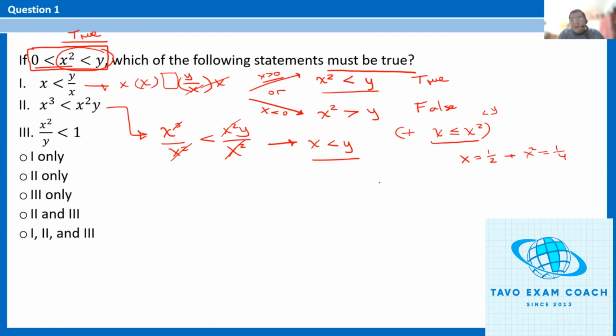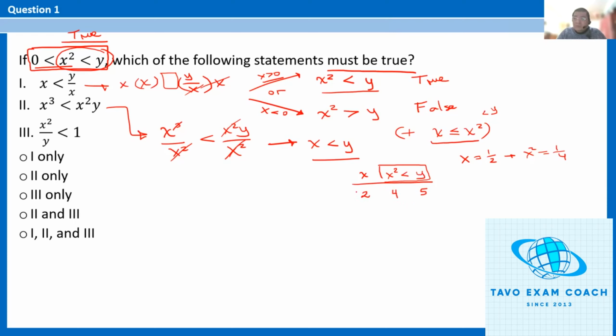So we can consider two cases for different values of x squared and y as evidence of what we have analyzed. Let's say that under the true condition that x squared is less than y, we say x squared is 4 and y is 5. Then x must be 2.